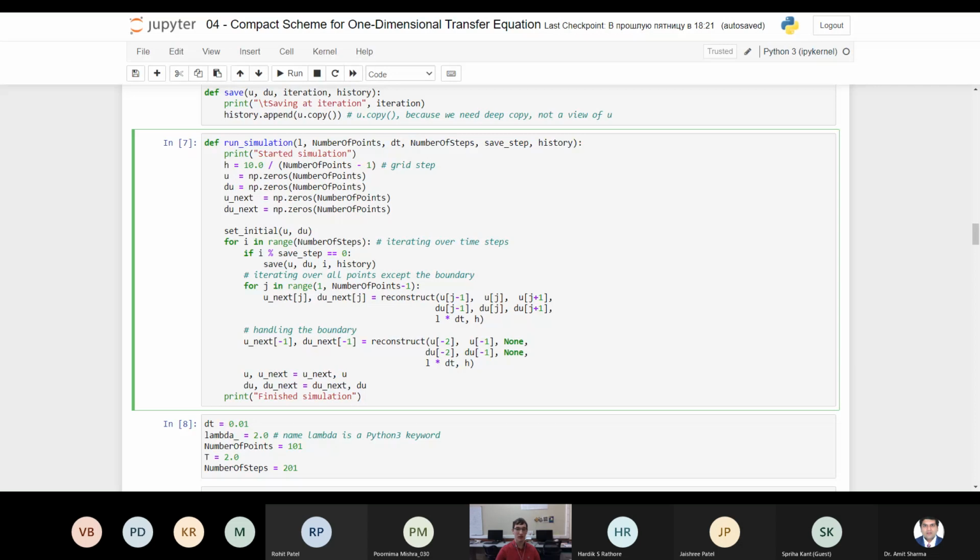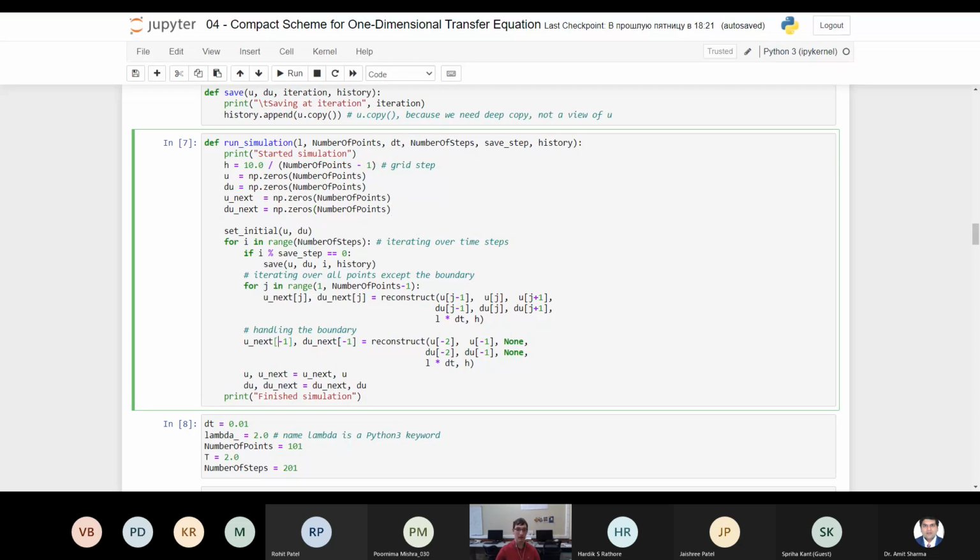Here, on the left boundary, we have zero boundary conditions, which is automatically satisfied because the functions are initialized with zeros, so we don't have to check it. However, we do have to run the calculations on the right side of the boundary.